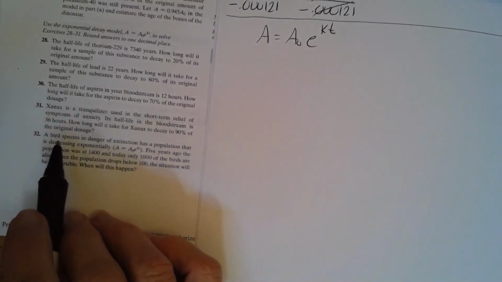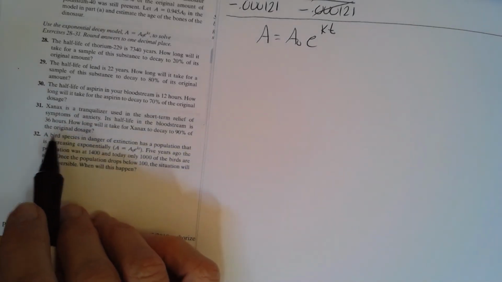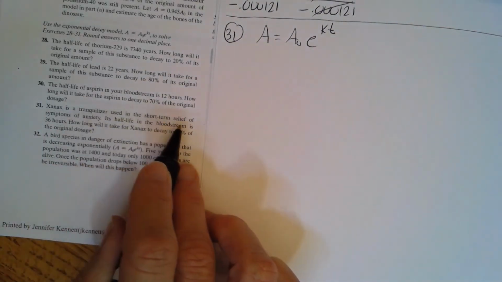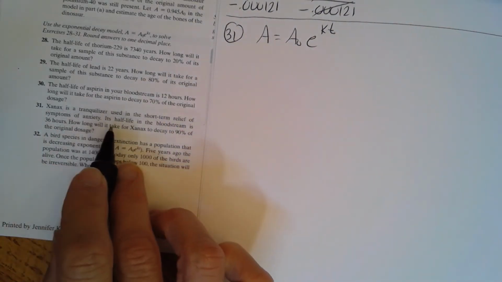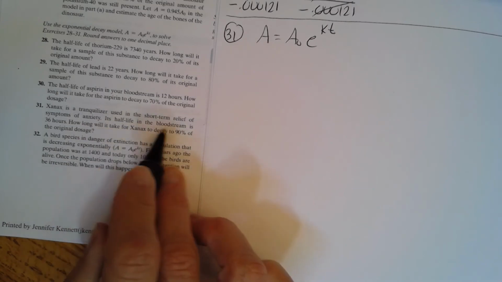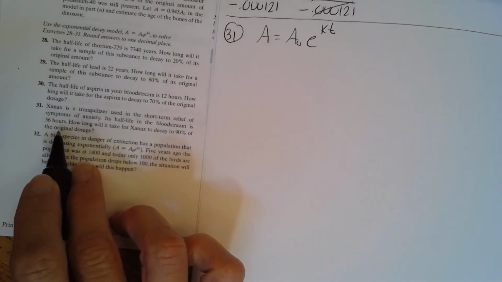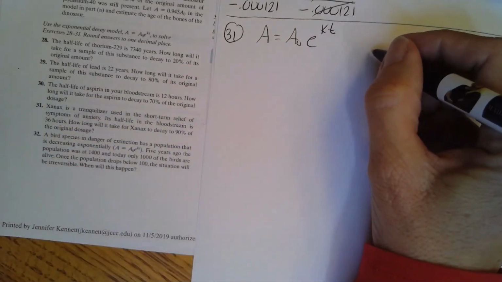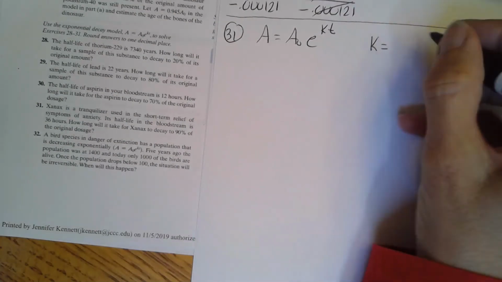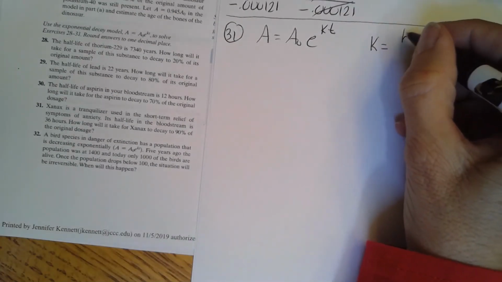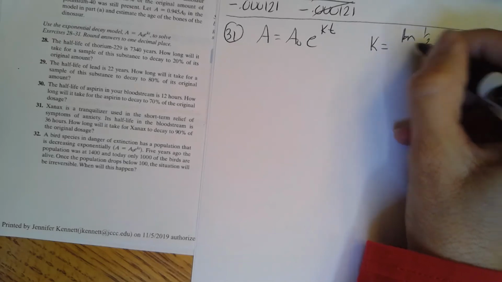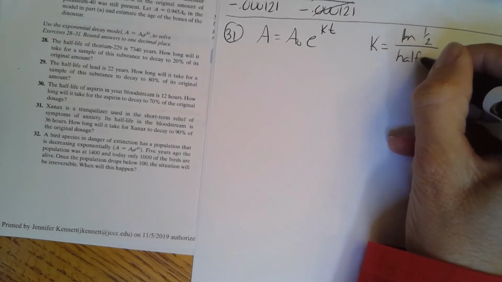So if you look at number 31, it says that the short-term relief for Xanax, the half-life in the bloodstream is 36 hours. So one more formula you need to memorize. When you're talking about half-life, k is going to be the natural log of a half divided by the half-life.